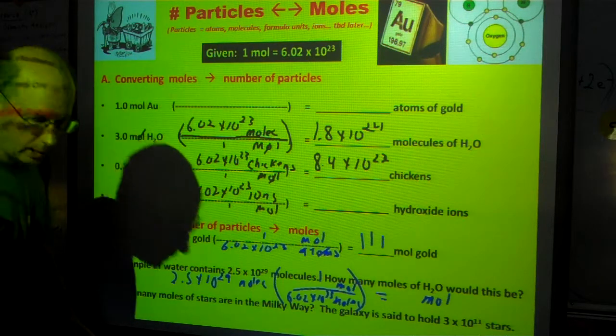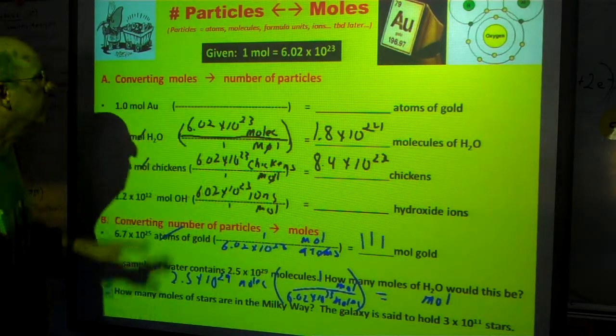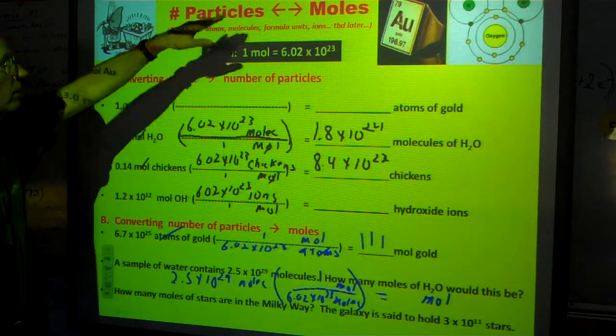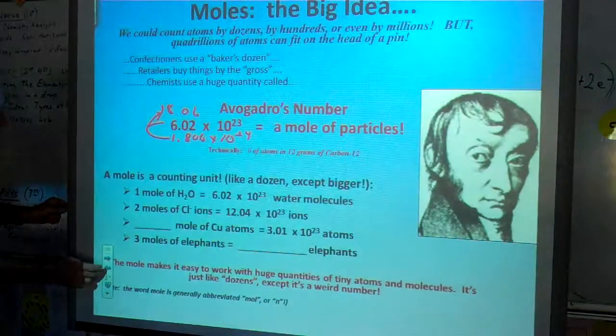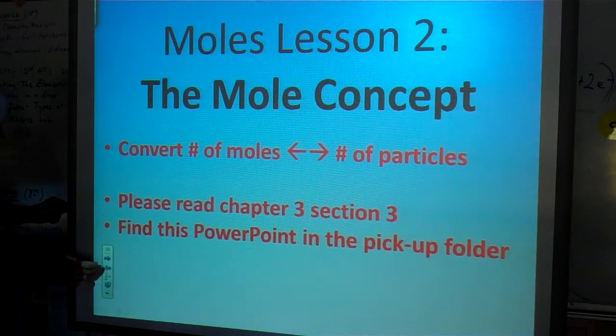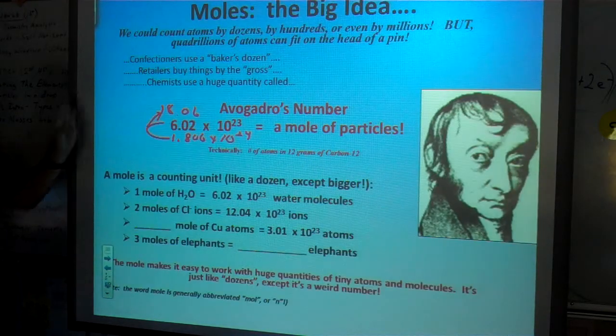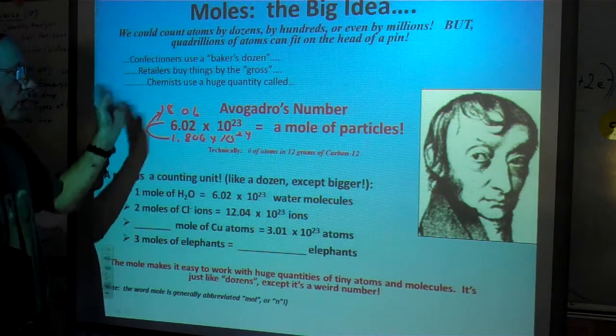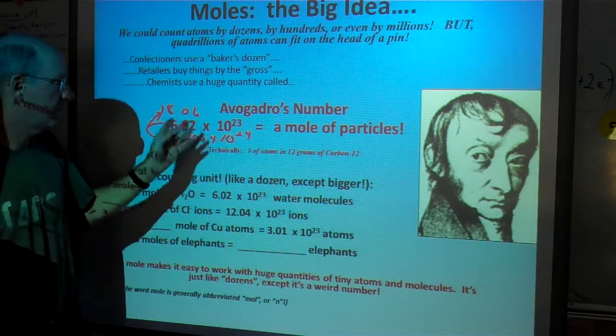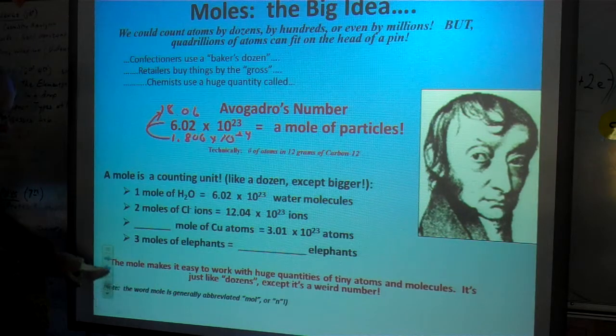Okay, so that's it for this lesson. We've been working on converting number of particles to moles. How did we get here? We said that Avogadro's number is a big number. It's bigger than 12, it's bigger than a gross, it's 6.02 times 10 to the 23rd.